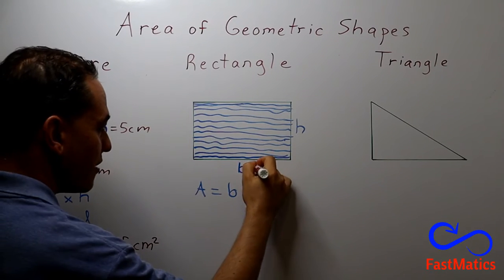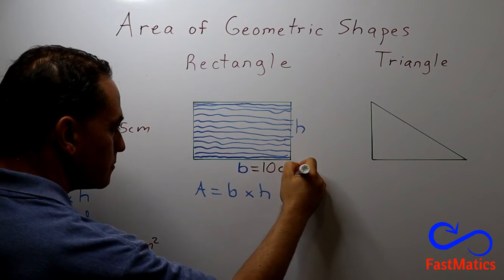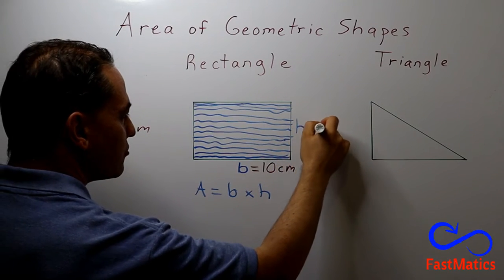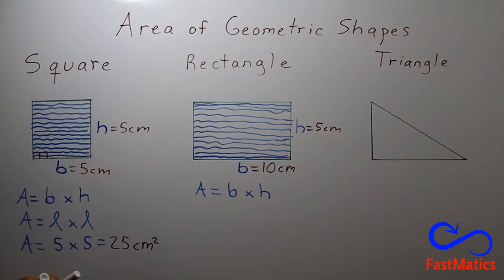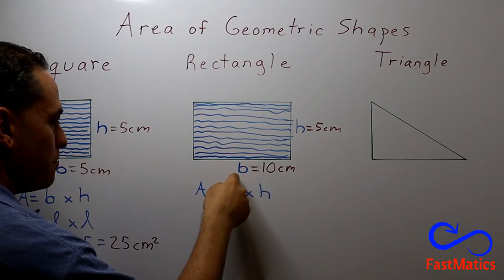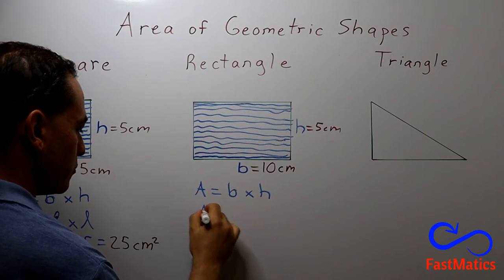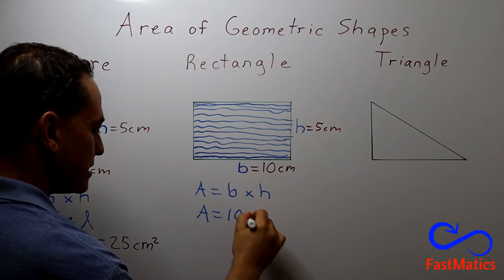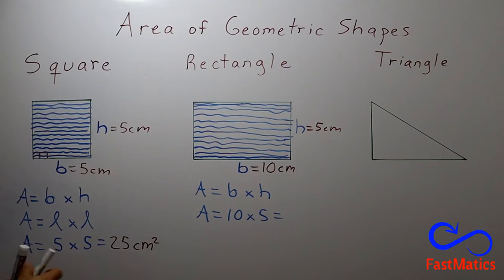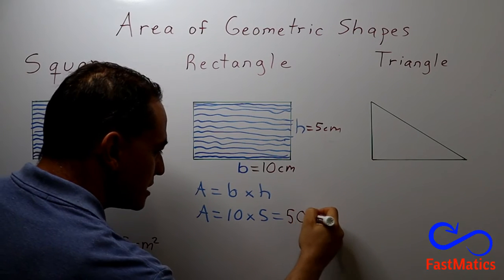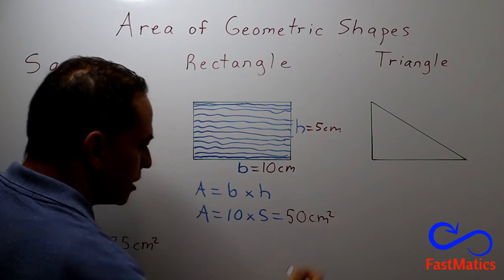Imagine here we have 10 centimeters. Here we have 5 centimeters. And you replace the B with 10, the H with 5. The answer will be 10 times 5 equals 50 centimeters squared.